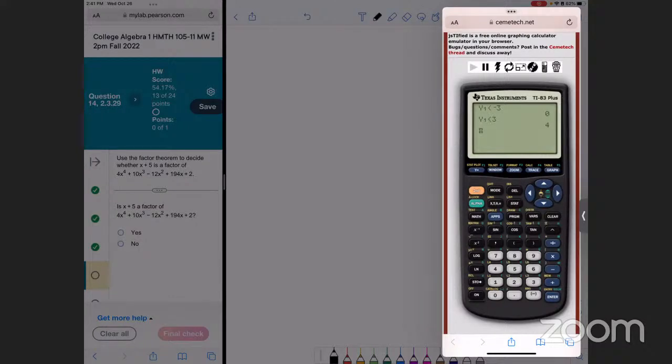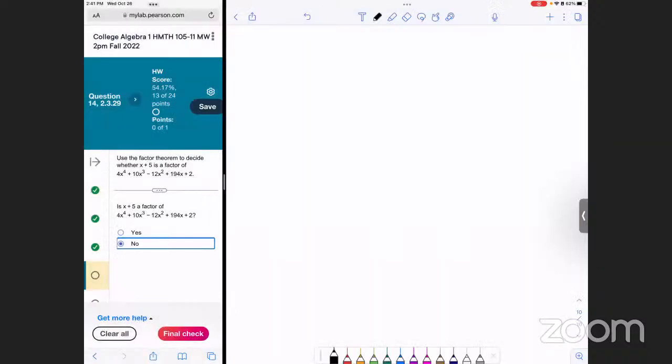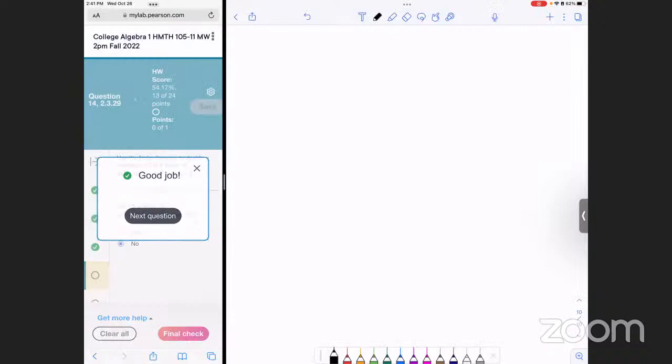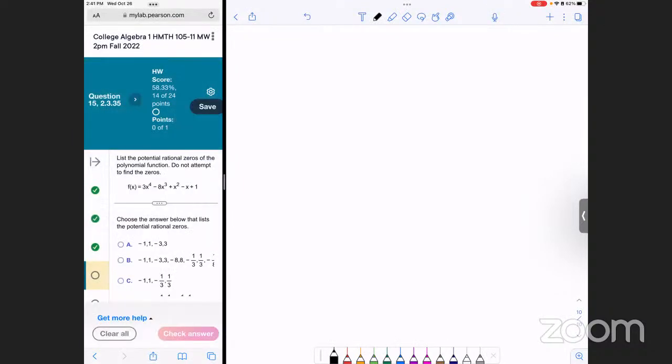So I want to evaluate this function when x is negative 5. Okay, so we got a remainder, so it's not 0, it's not a factor. We're going to say no. And we got a remainder of negative 18. Oh, that was it? Okay.